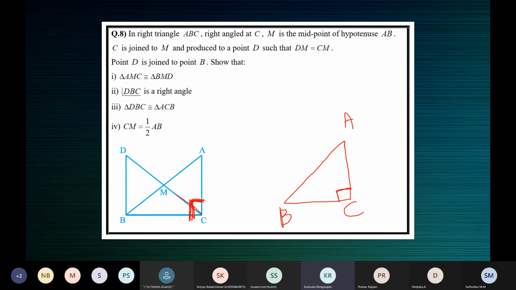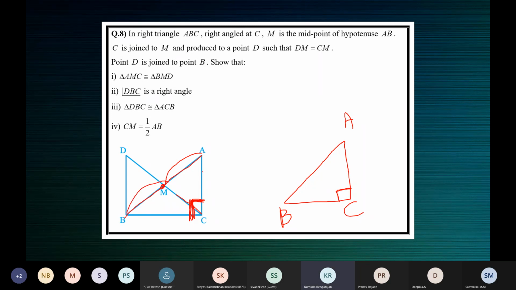If M is the midpoint of AB, which are the two line segments that are equal? AM and BM. AM is equal to BM.